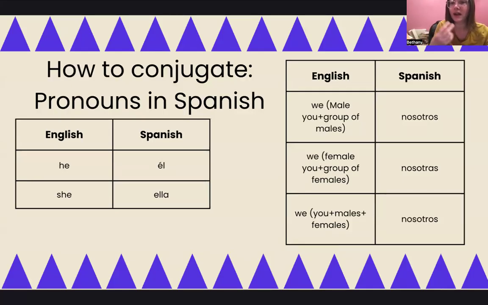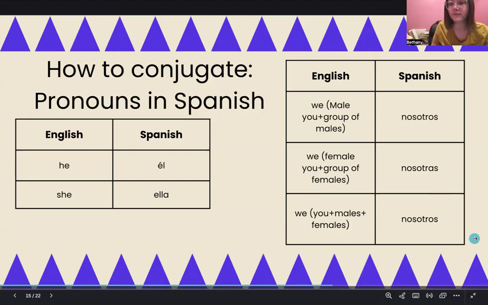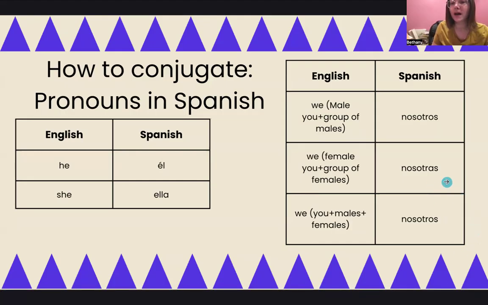But myself and my dad would be nosotros. Or 100 ladies and you, nosotras. 50 men, 50 ladies, and you, nosotros. As long as there's a singular man in there, it defaults to nosotros. But if it's all girls, it's nosotras. That is the difference.